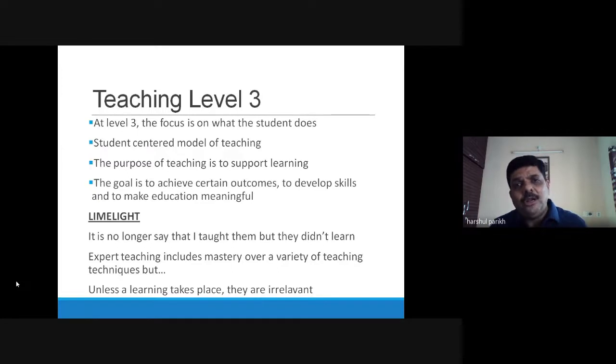Technically driven teachers, those who are techno savvy, implement a variety of methods, right? But unless we assure that learning has taken place or not, these are all irrelevant.